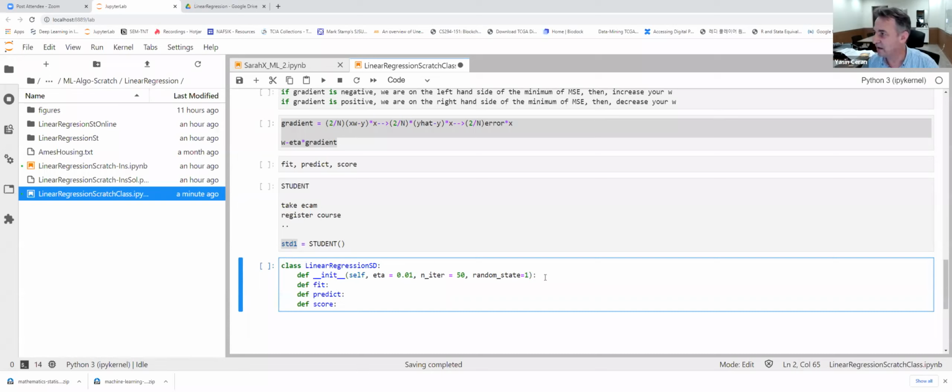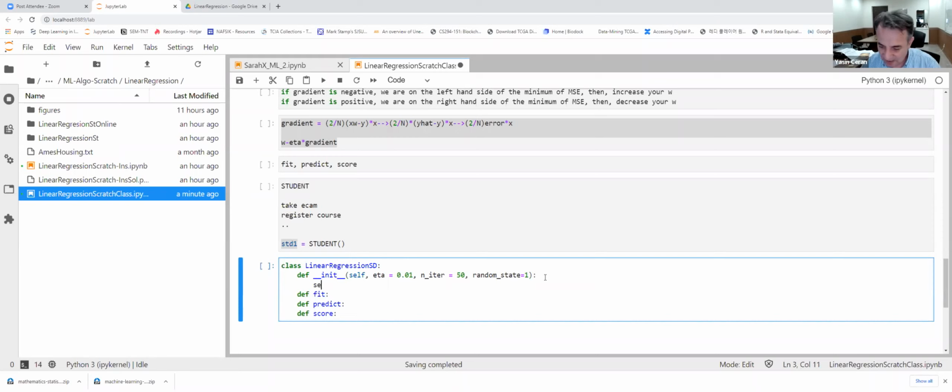So let's assign our variables. Again, self is referring to the instance that we create, or instantiate, from this class. So self.eta is this eta value, 0.01. Eta, self.eta, is the attribute of that self.